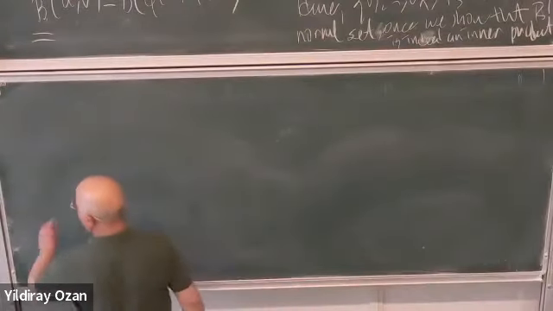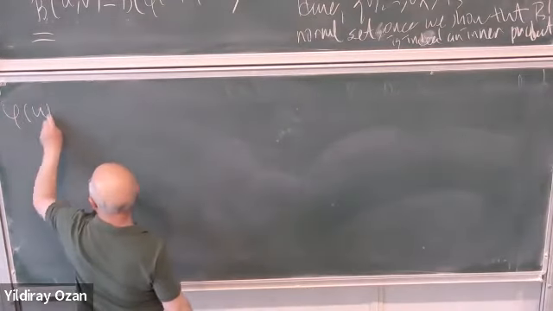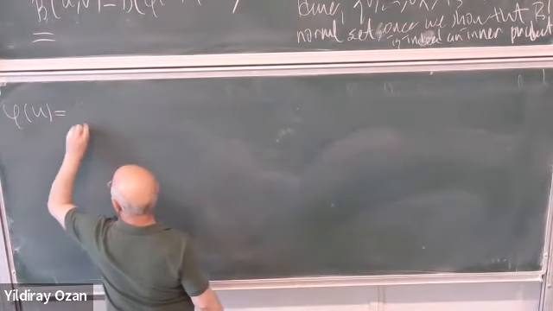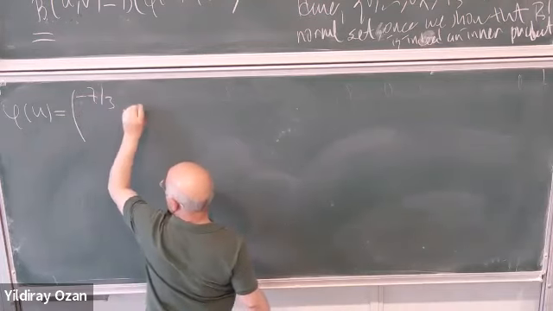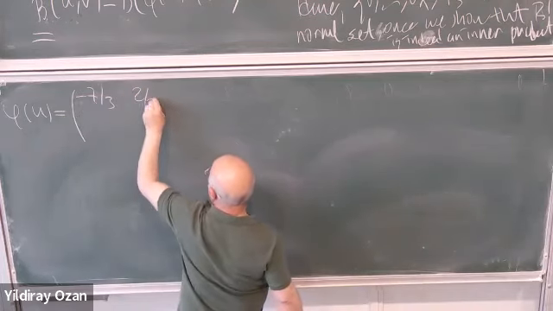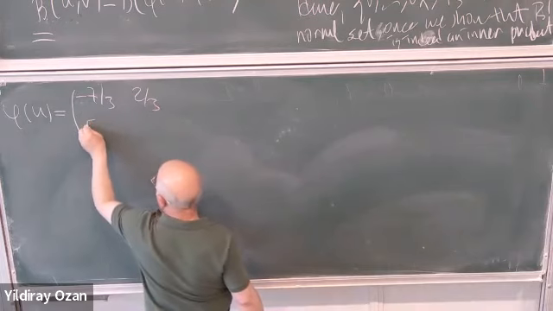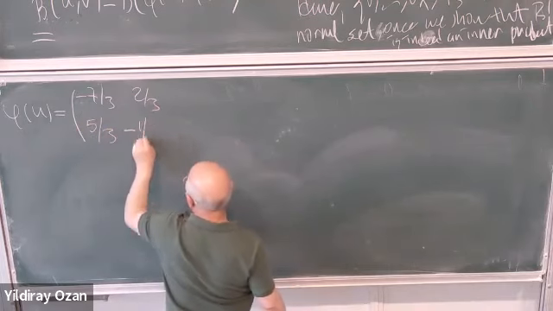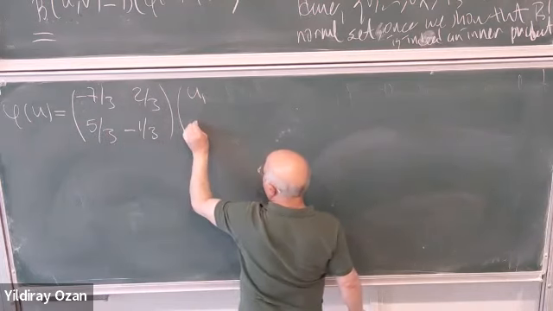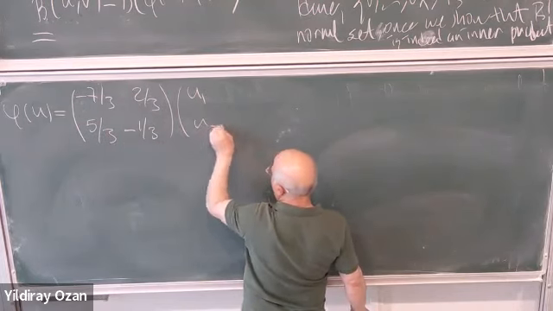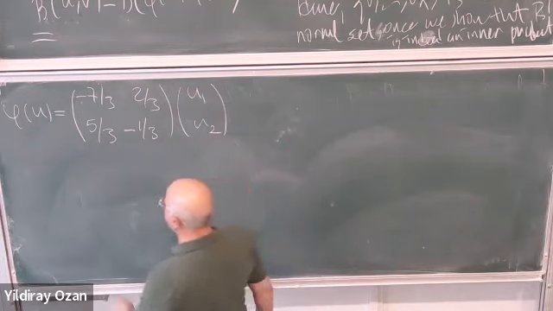Now what is phi U? Let me write this way. So this is just the matrix 7 over 3, minus 2 over 3, 5 over 3, minus 1 over 3. And u is, let's say, u1, u2. So what is this then?